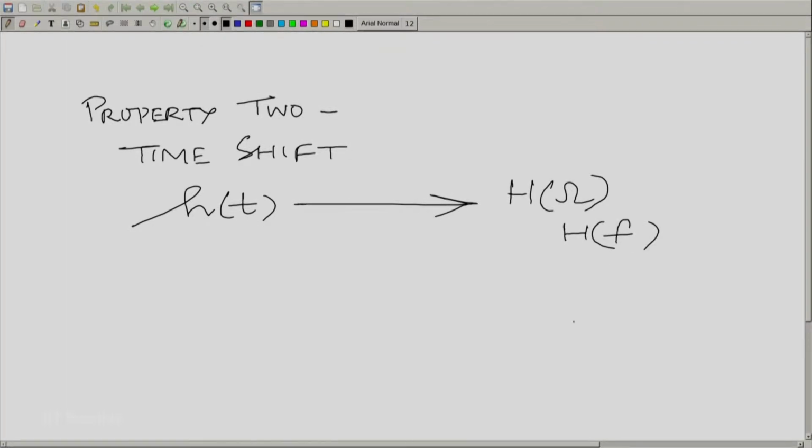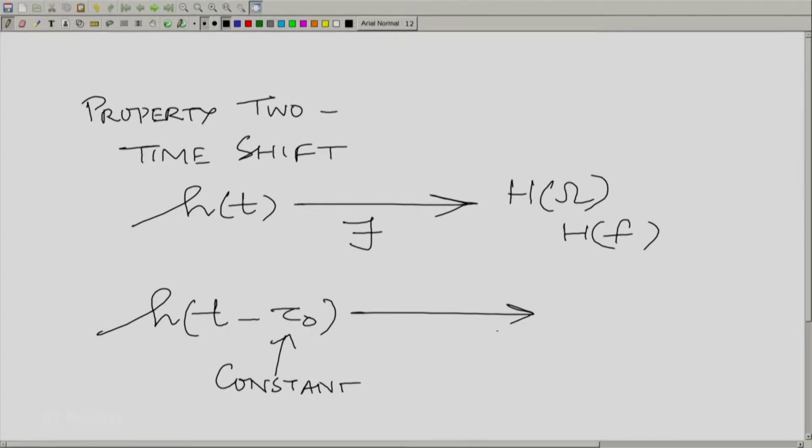Remember, we are going to talk both the language of angular frequency and in the language of cycles per second frequency. What is the Fourier transform of h t minus tau 0? Of course, tau 0 is a constant.